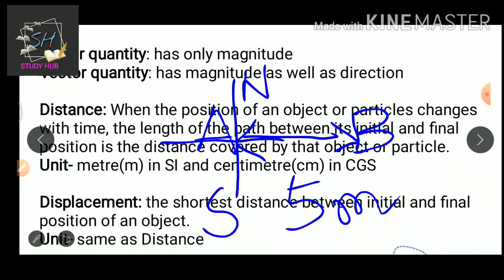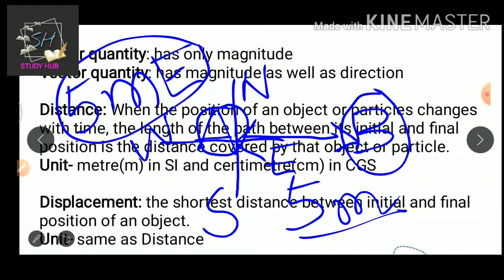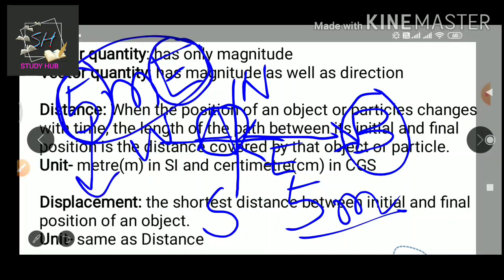This is north, south, this is east, and this is west. So now B is situated 5 meter east of point A. So here the displacement is 5 meter east. This is the displacement because here is a numerical value which is magnitude, and also here is a direction.